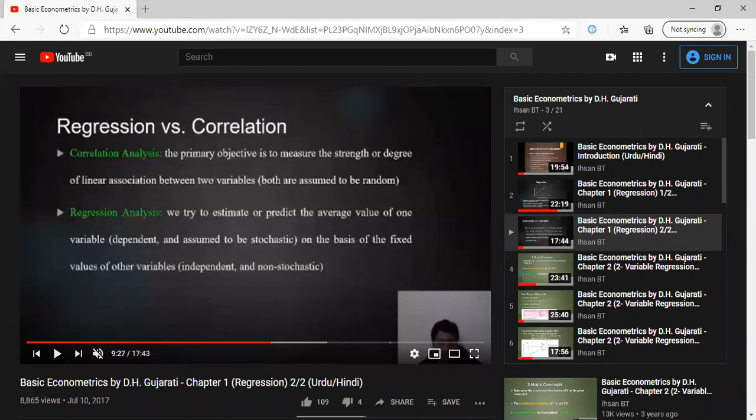If you get a correlation coefficient close to -1, that means what? Is the relation strong or weak? It's strong. The relation is very strong, but the direction is opposite. If one goes up, another goes down.